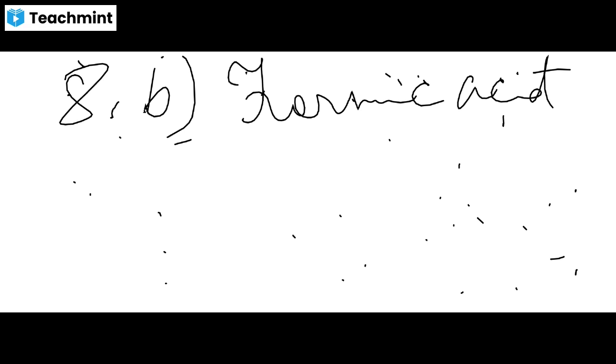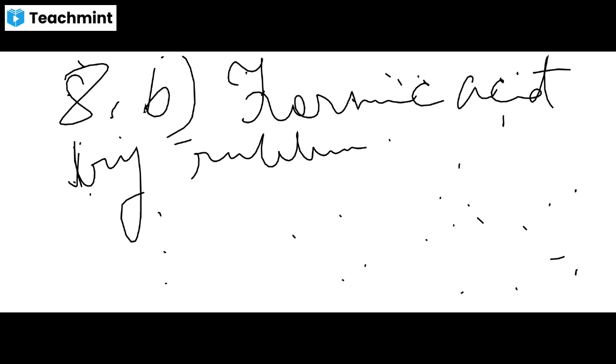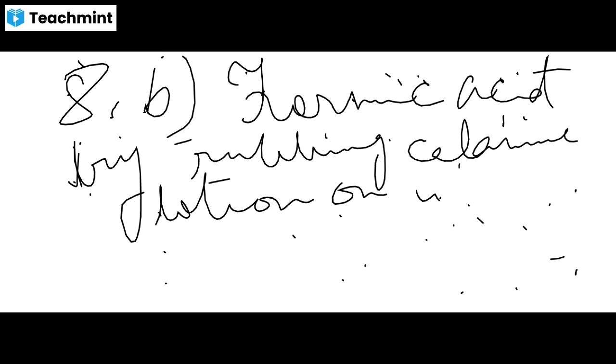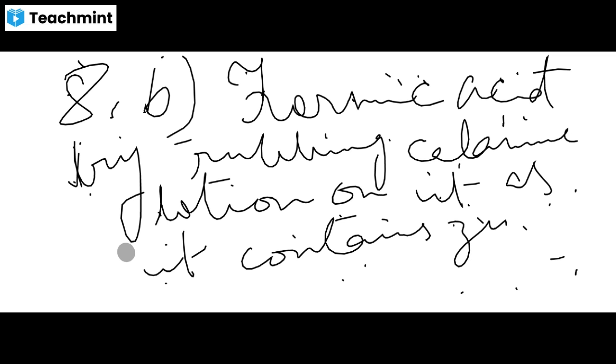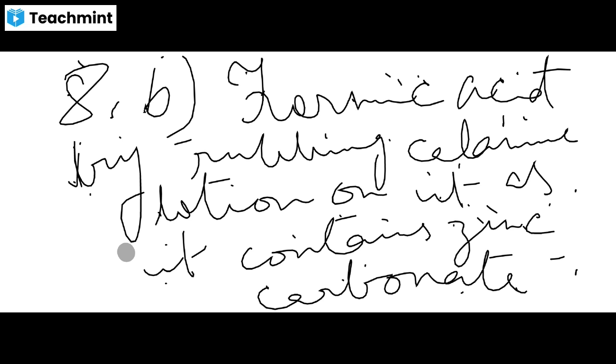So we can neutralize the effects of formic acid by rubbing calamine lotion on it, because calamine lotion contains zinc carbonate, and zinc carbonate is a very weak base.